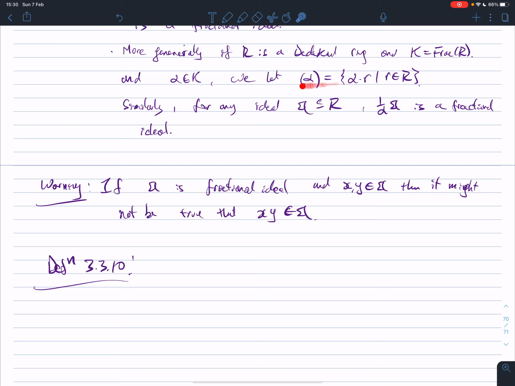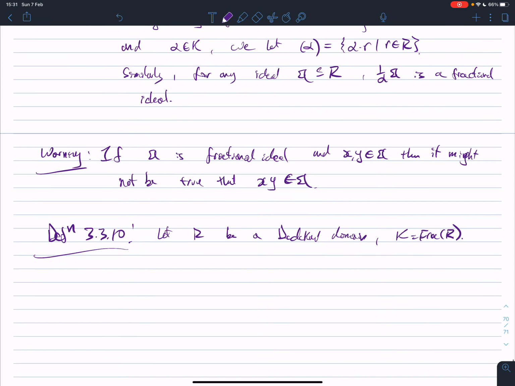For R a Dedekind domain and K its fraction field, for each x in K, we call this thing which I just defined above, the set of x times r such that r is in R, a principal fractional ideal.